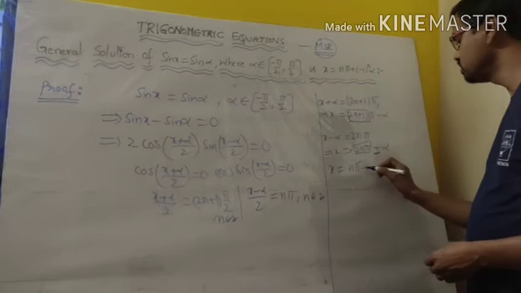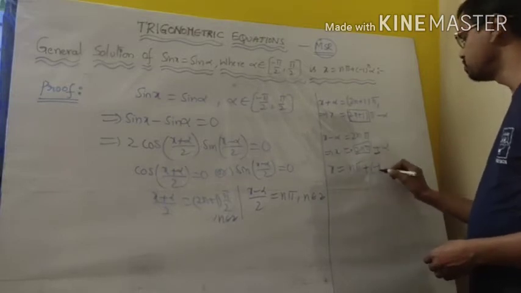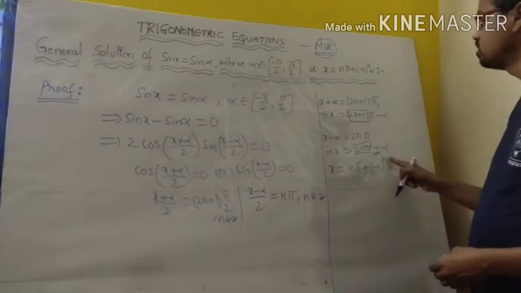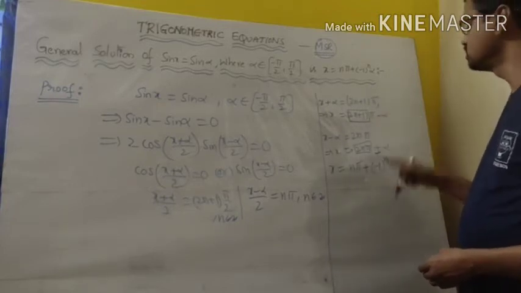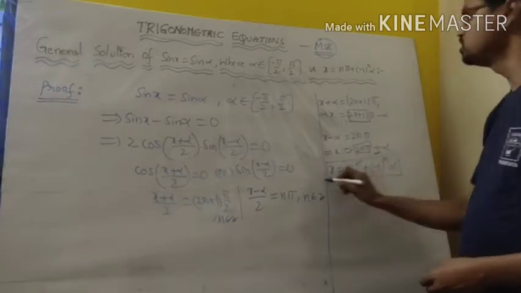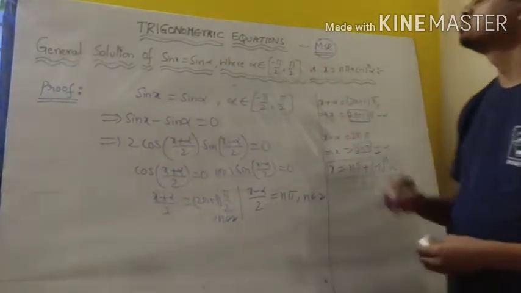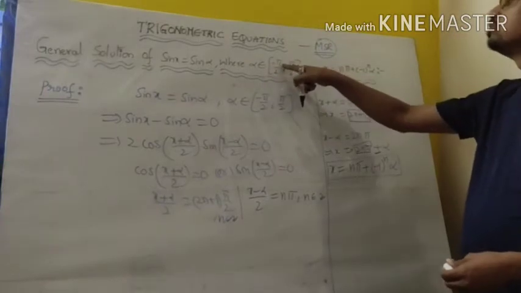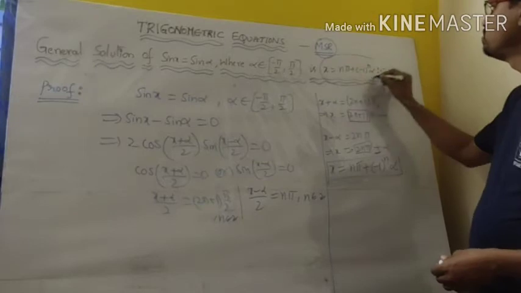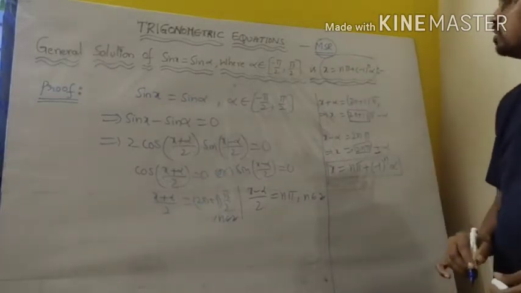So what we write is n pi plus minus 1 whole to the power of n into alpha. If n is odd, you get a minus sign; if n is even, you get a plus sign. So the general solution of sin x equals sin alpha, where alpha belongs to minus pi by 2 to plus pi by 2, is x equals n pi plus minus 1 whole to the power of n into alpha.